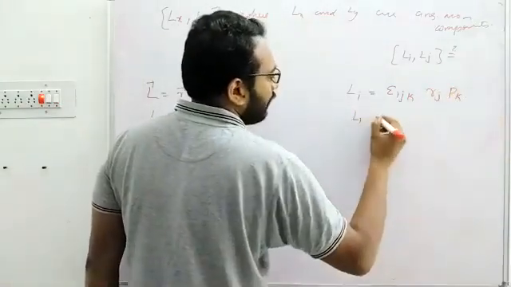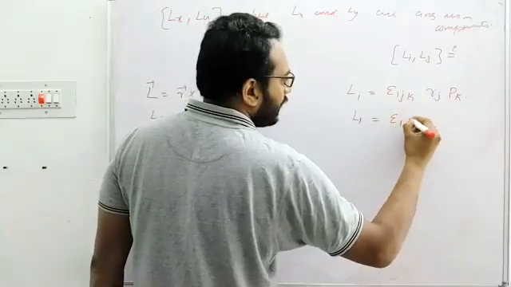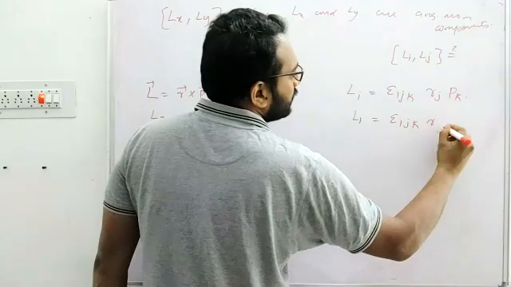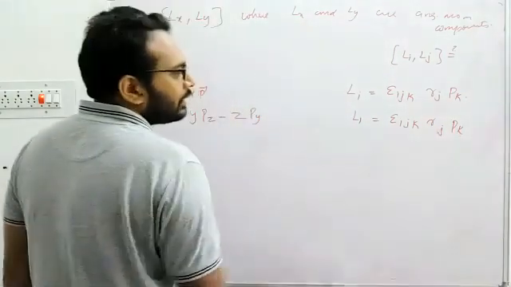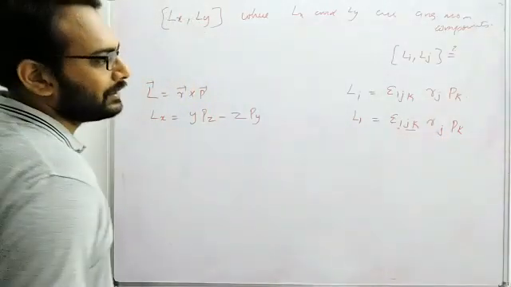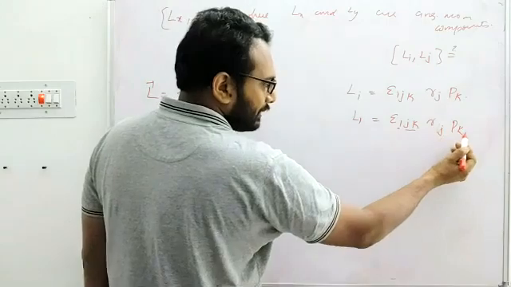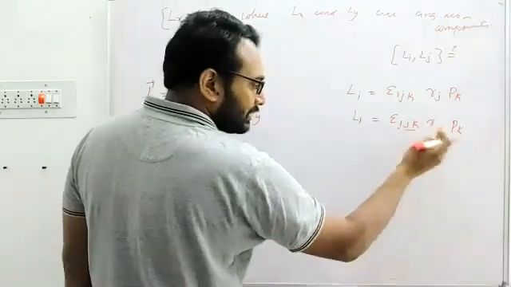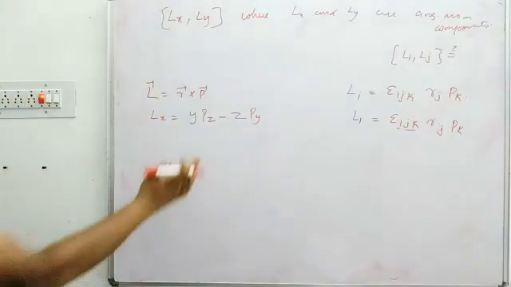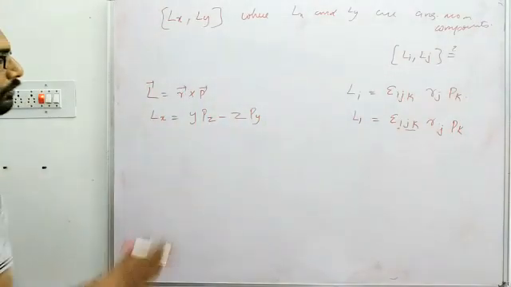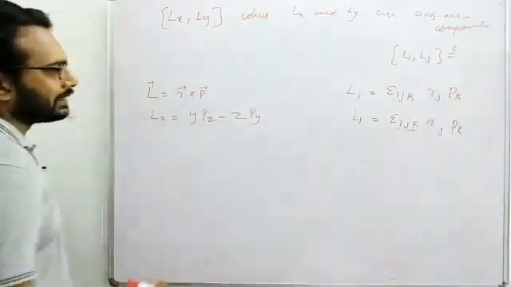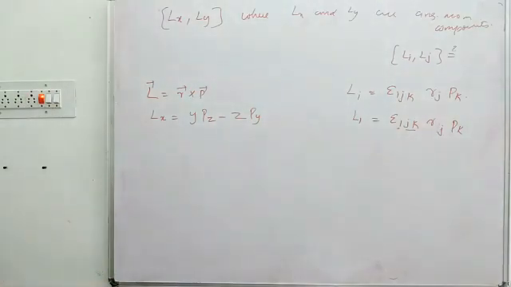What we need is L1, so this is epsilon 1jk rj pk. Once we fix the 1, j and k can take values 2 and 3. So this is epsilon 123 r2 p3 plus epsilon 132 r3 p2. Using the property of the Levi-Civita symbol, you get a minus sign here. By y we mean r2, and for pz it means p3, and so on.